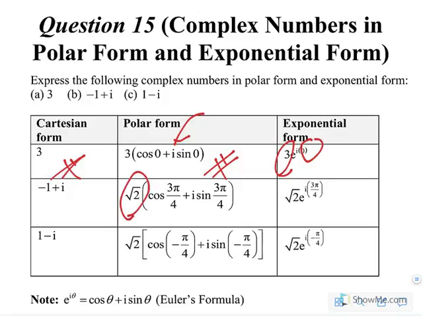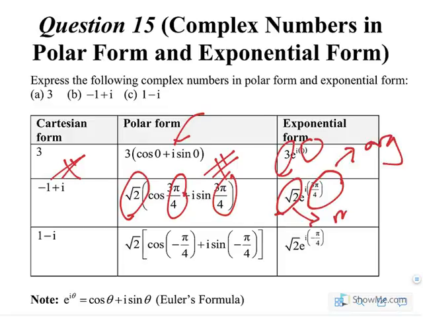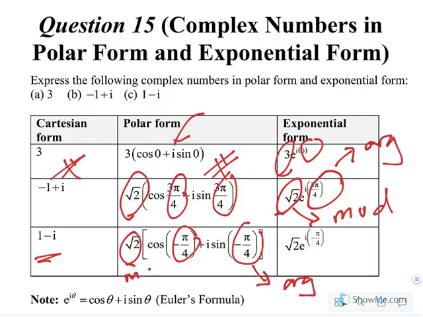The modulus is r, the argument is 3 pi over 4. I assume you know how to find them. Again, r e to the power of i theta: this is the argument, and this is your modulus. Then 1 minus i again: this is your modulus, this is your argument.